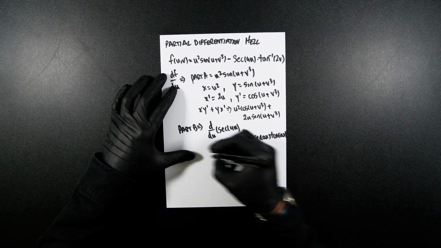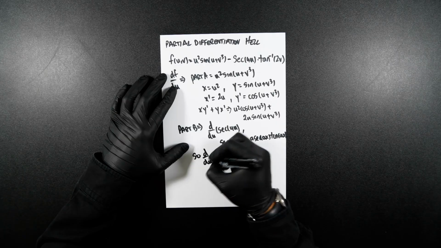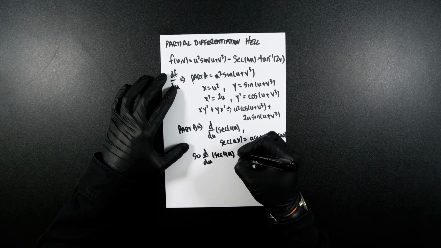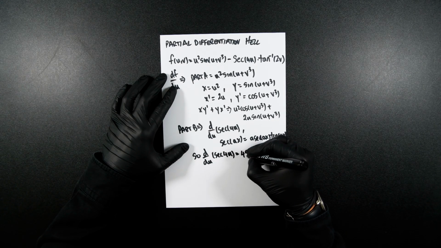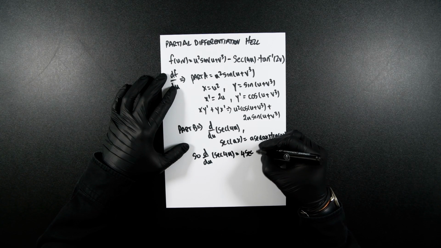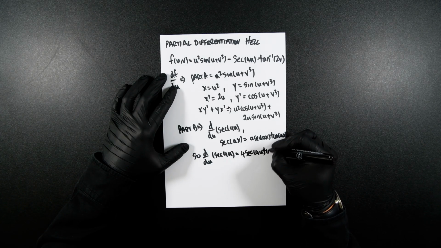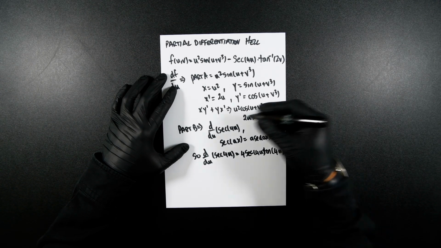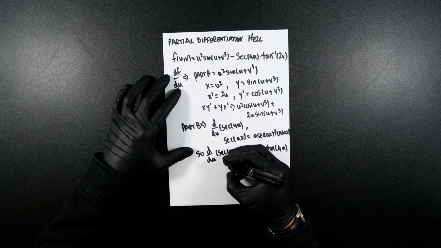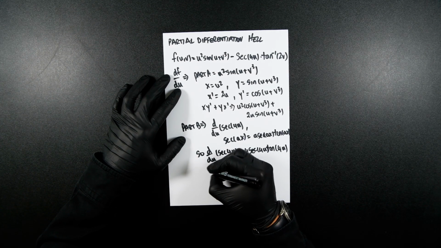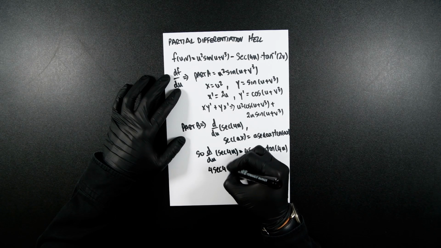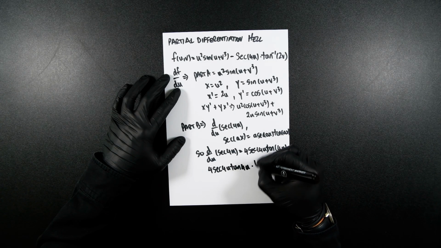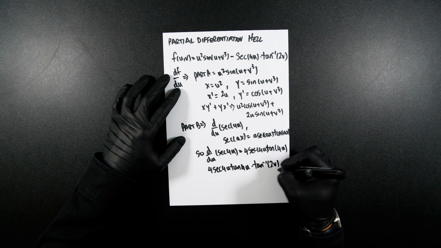So d/du of sec 4u is 4 sec 4u tan 4u. So now if you bring in this tan, you're now going to get, for that second part, 4 sec 4u tan 4u dot tan minus 1 2v.